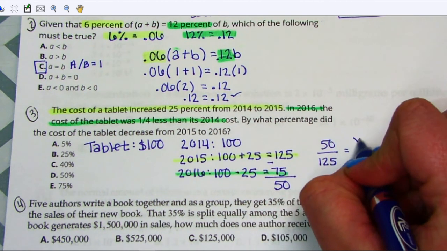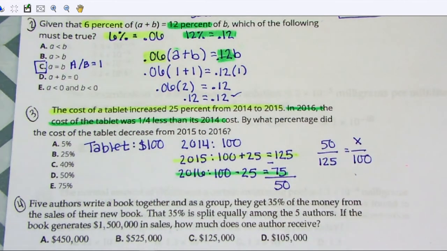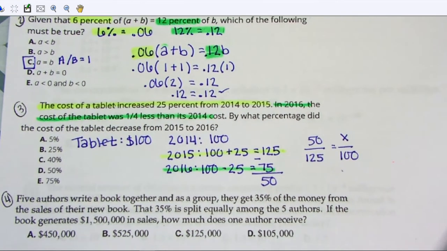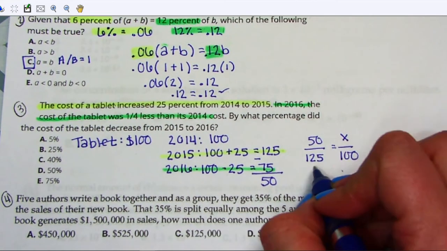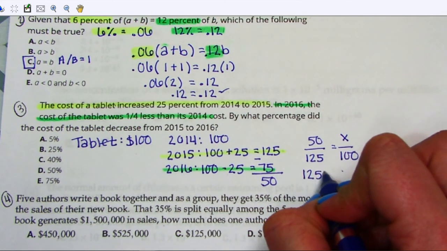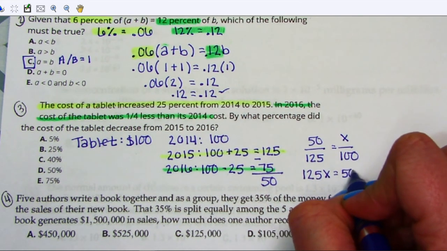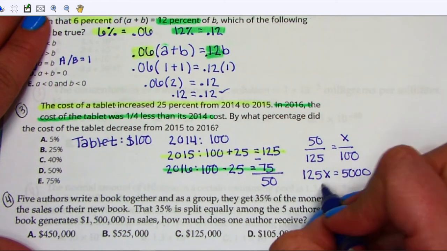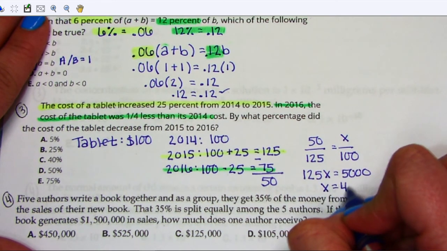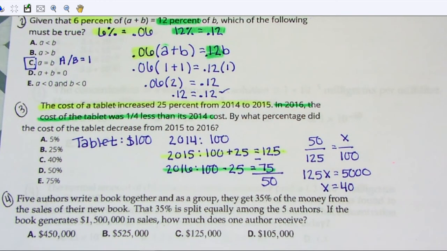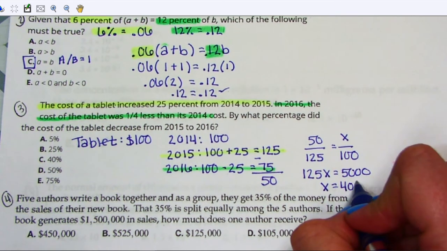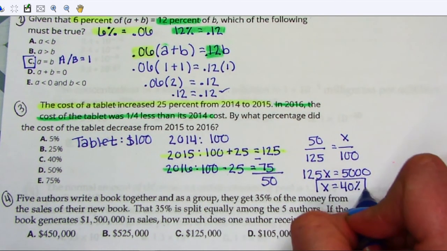And then we have our x over 100. We're trying to find the percentage. So I'm going to cross multiply, giving me 125x equals 5,000. And when I divide by 125, I get 40. The number is already over 100, so by default, it is a percentage.